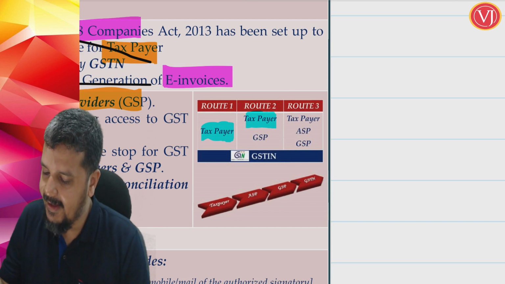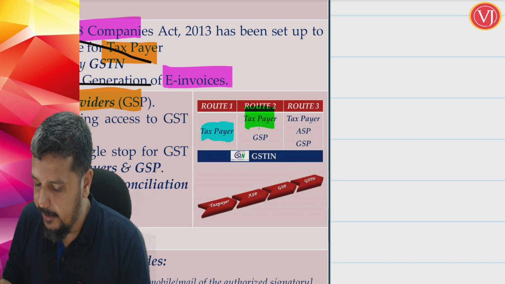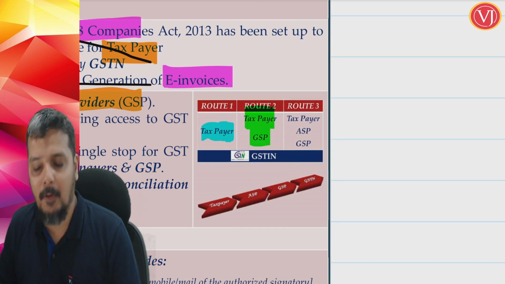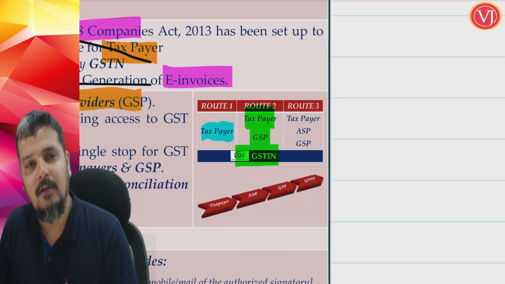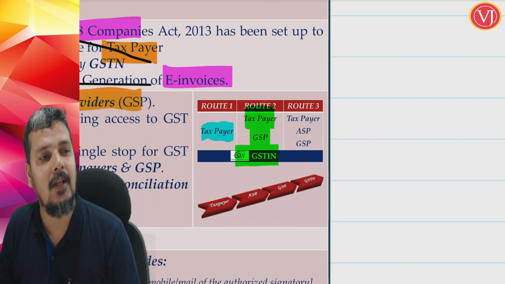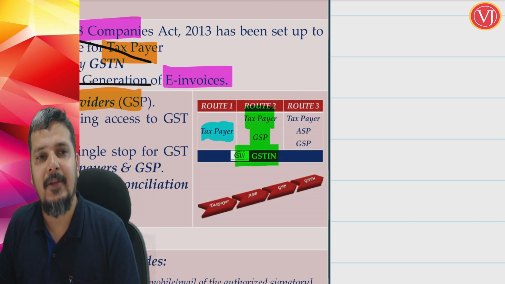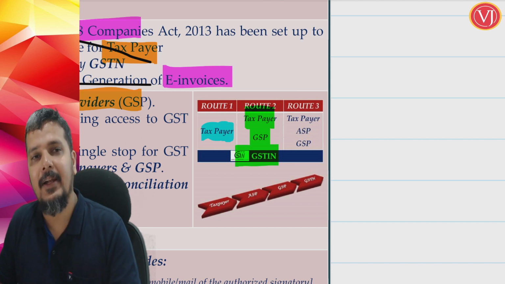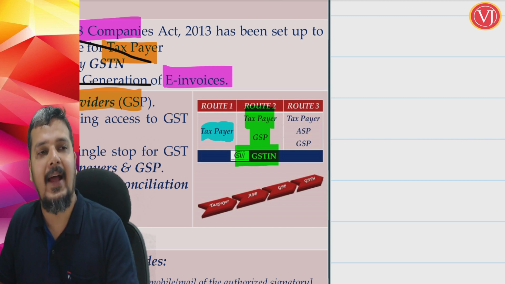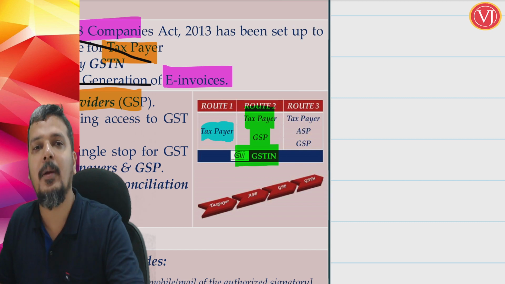The taxpayer will give his information to the GST Suvidha Provider, who in turn will talk to the portal. So that communication becomes easier, be it e-way bill, e-invoicing, filing of returns, or reconciliation. You need not even go to the portal. That particular GST Suvidha Provider has the capacity to talk to the portal from the back end.